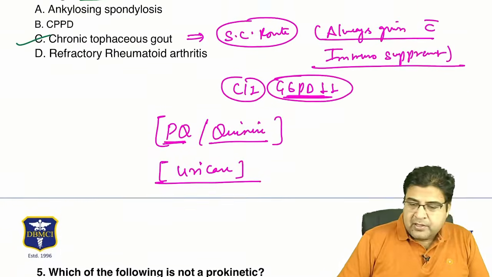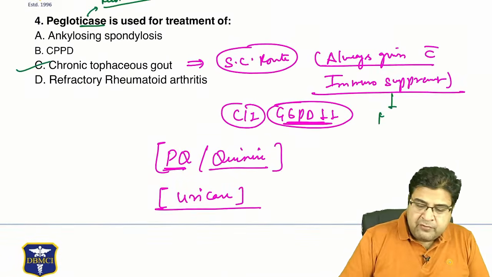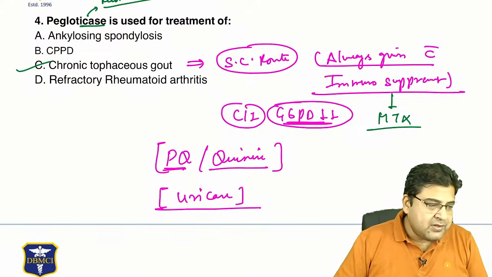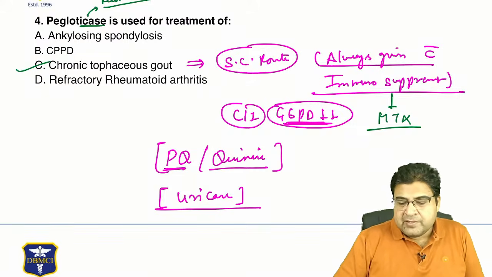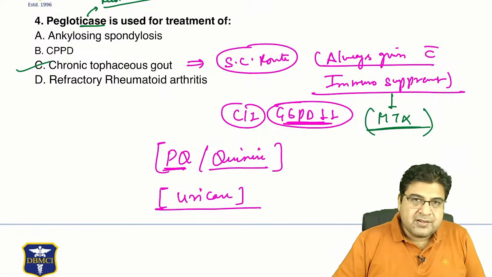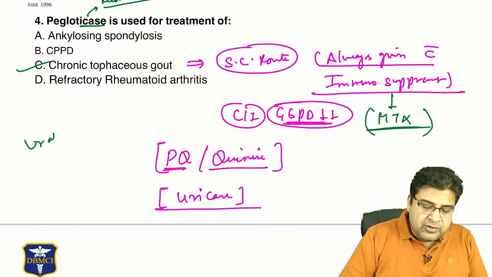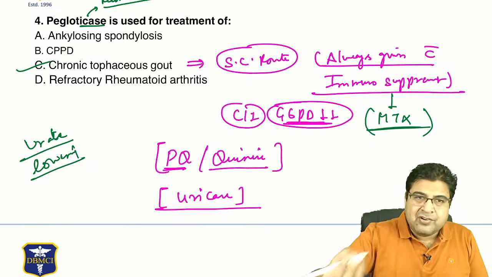These medicines are given with methotrexate. If you ask me which is the most common immunosuppressant given along with this medicine, that is methotrexate. So guys, be careful. The urate lowering drugs, the medicines that reduce the level of uric acid, can initiate a fresh inflammatory response.